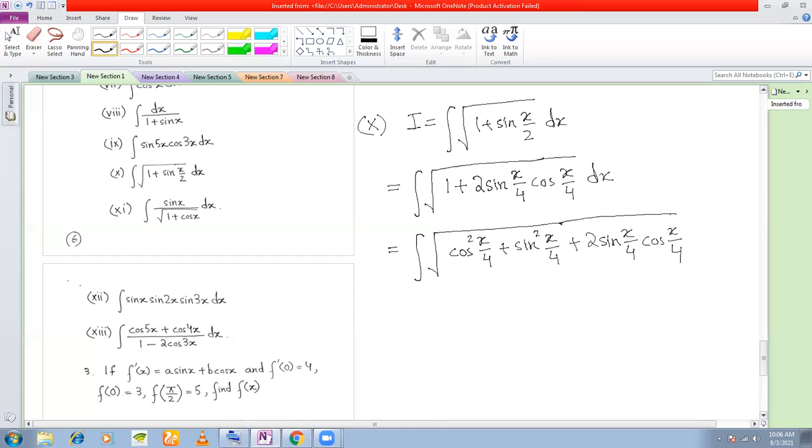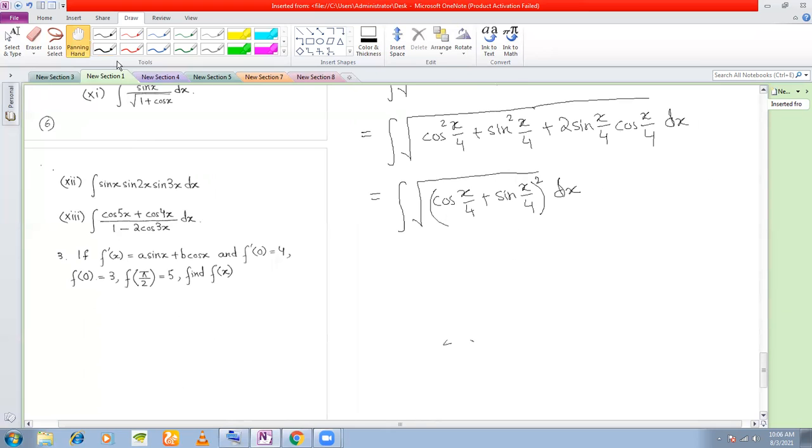So now if you see, this is a square plus b square plus 2ab form. So this becomes integral of cos x by 4 plus sine x by 4 whole square dx. Now you can remove the radical and write this as simply integral cos x by 4 plus sine x by 4 dx.